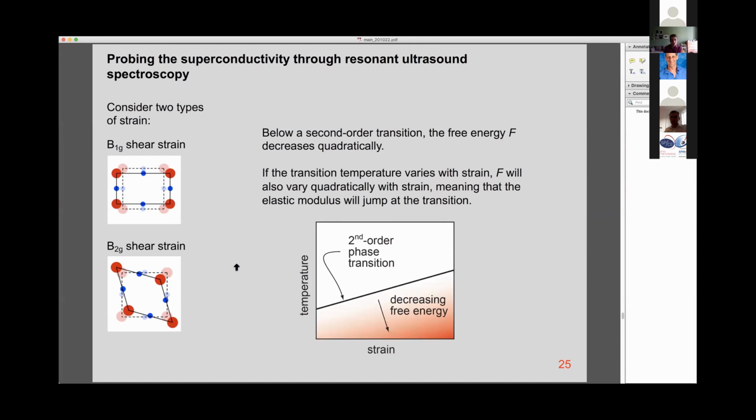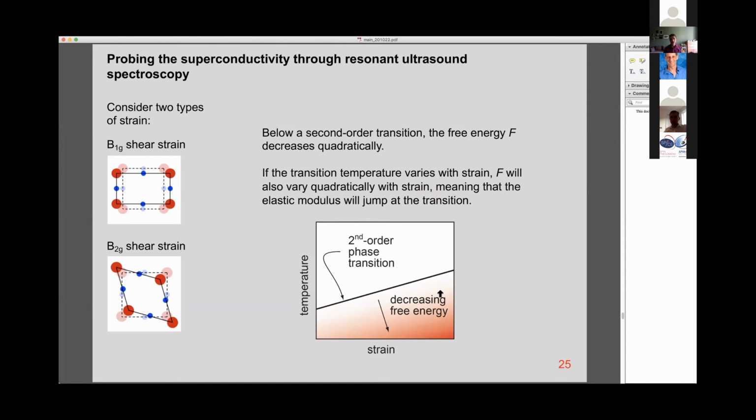So another experiment that has also recently given evidence for chirality is ultrasound resonance. When you have a continuous transition, the free energy decreases quadratically as you go below this transition. So now, if this transition has a finite slope with applied strain, then the free energy will also decrease quadratically as a function of applied strain, and that looks like a jump in the elastic modulus.